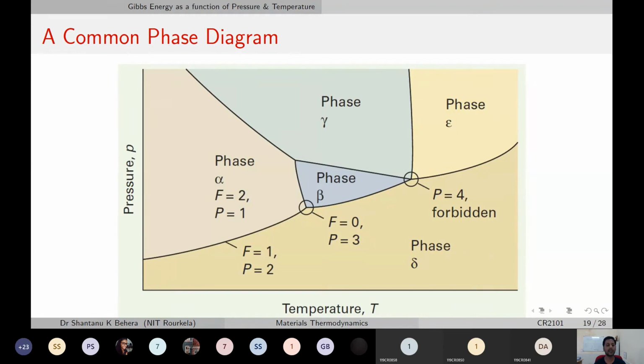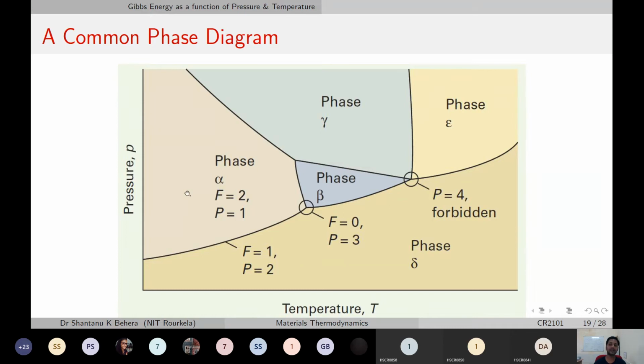What I'm trying to say is that here, as you calculated also, if the degrees of freedom is 2, that means I can change two thermodynamic variables, and the alpha phase will still remain alpha phase.